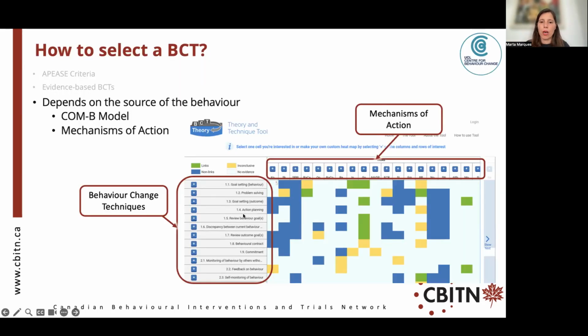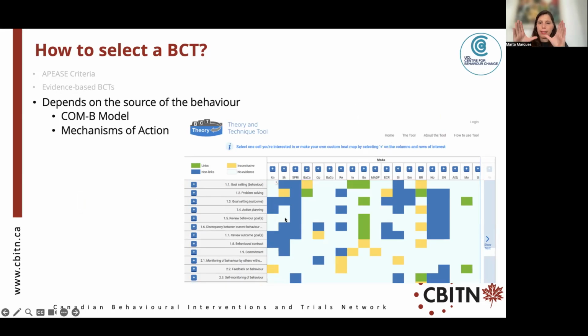So if you look here at the table, everything that is in green is where we have enough information to say there's a link between that behavior change technique and that mechanism of action. And the links derive from both the literature and expert consensus. In blue is when we have enough evidence that there is no link between them.